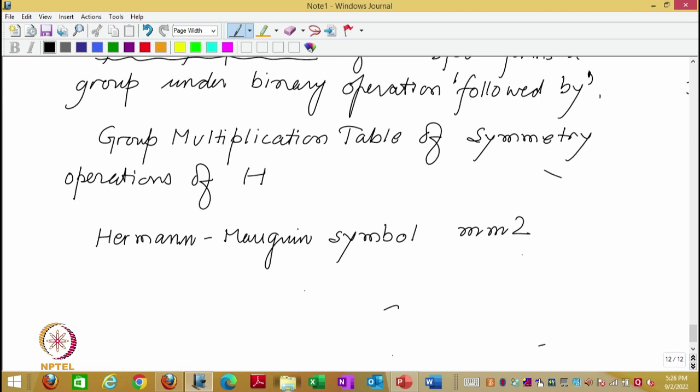So, one M represents one mirror, another M represents another mirror, and 2 represents the two-fold axis at the intersection point.